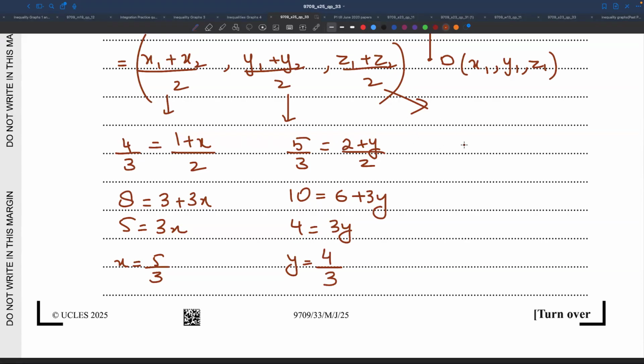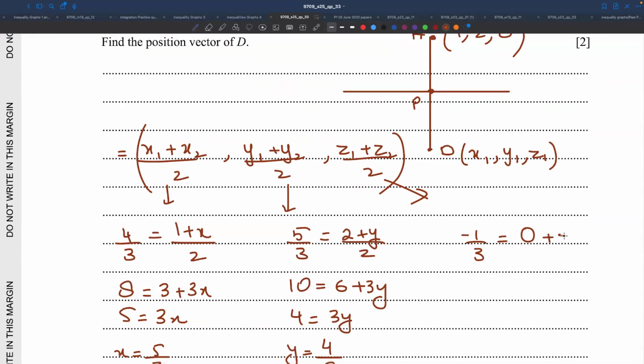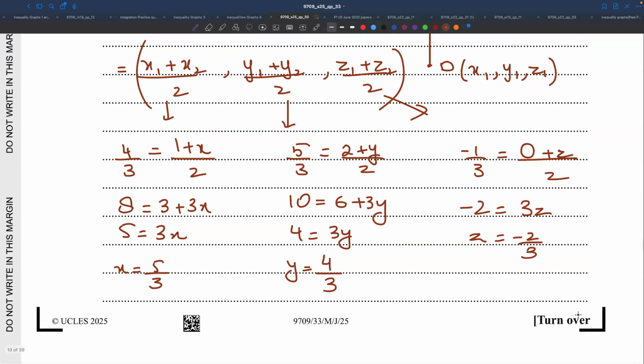For z, minus 1 upon 3 is equal to 0 plus z upon 2. Cross multiply, minus 2 is equal to 0 plus 3z. z would be equal to minus 2 upon 3. And that will be the coordinates of point D.